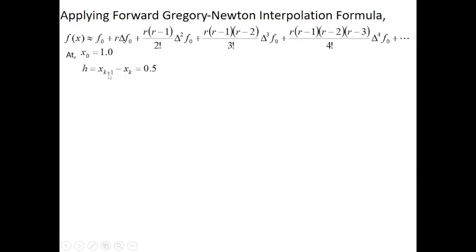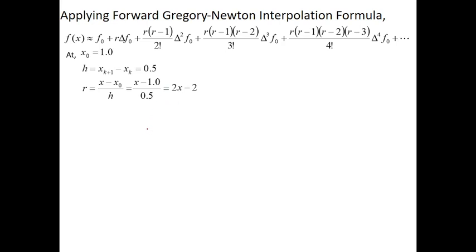So h, I have already solved for the tabular interval value in the previous slide, that is 0.5. And variable r is obtained as x minus 1 over 0.5, or simply 2x minus 2, if we simplify that using algebra.